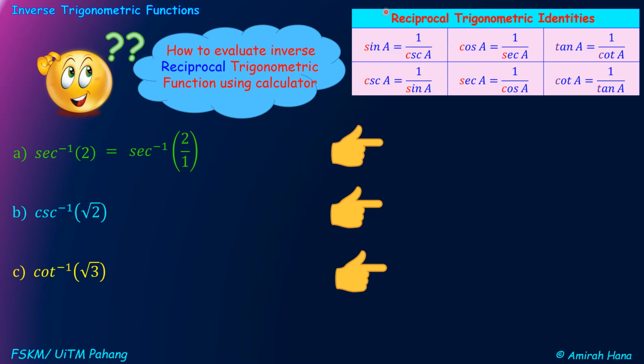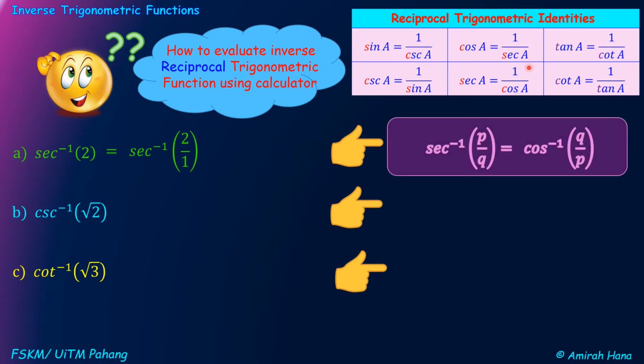From the reciprocal trigonometric identity, if we have sine A, it equals 1 over cosec A. We have sec function here, so we can refer to cos A equals 1 over sec A. So we can write inverse sec P over Q equals inverse cos Q over P. We just exchange numerator and denominator.